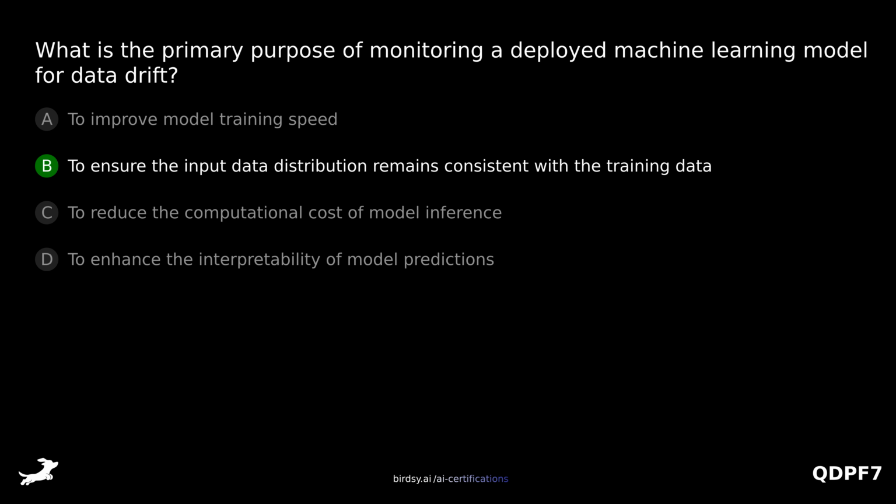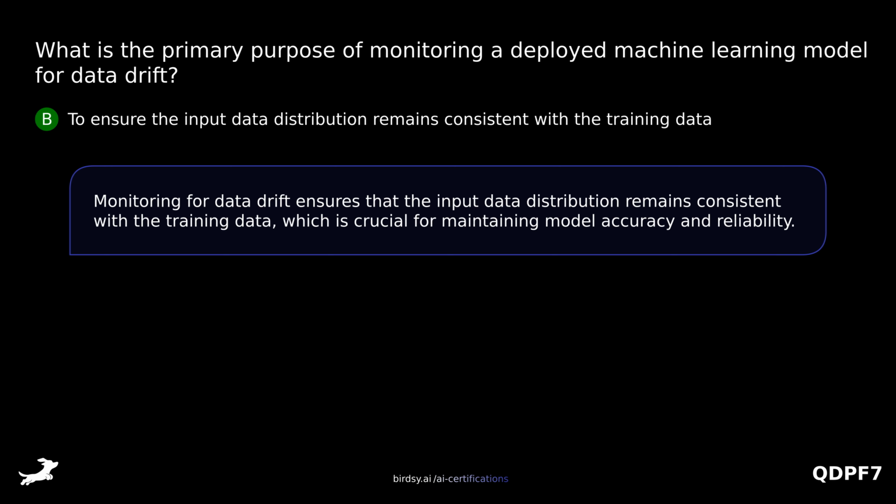The answer is B, to ensure the input data distribution remains consistent with the training data. Monitoring for data drift is crucial for maintaining model accuracy and reliability.